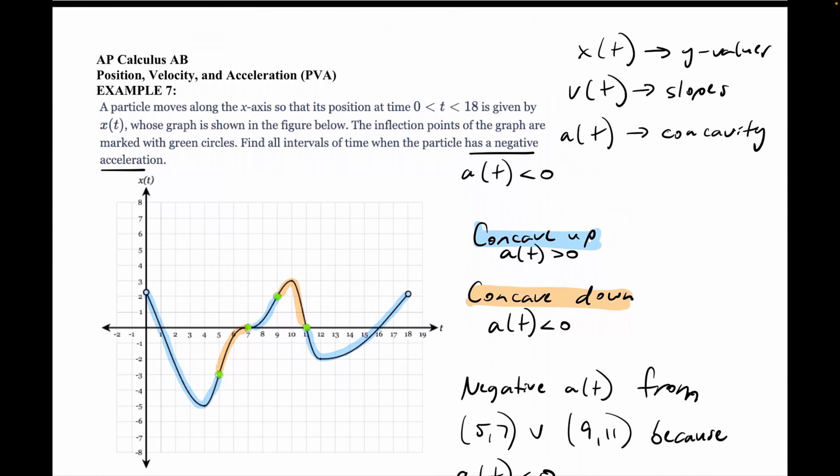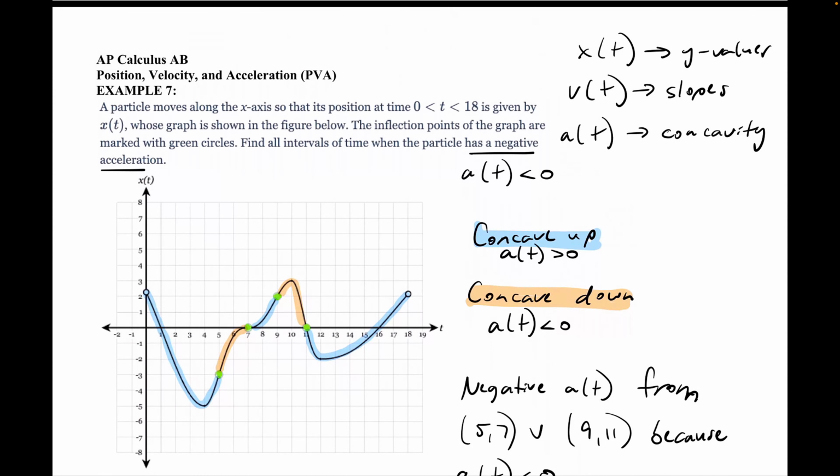It's a sliding scale, which is what makes it difficult. So y values, slopes, concavity. So it's kind of a sliding scale.